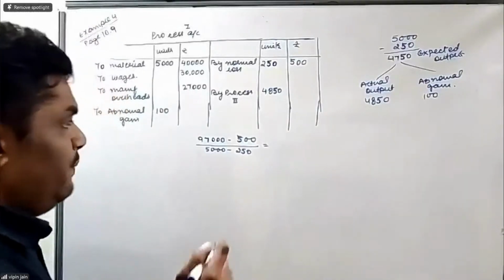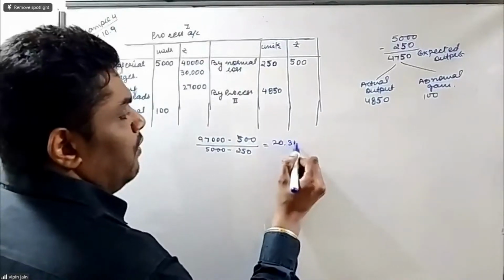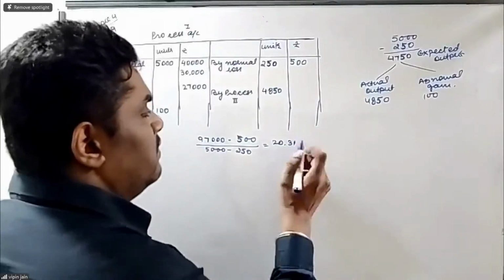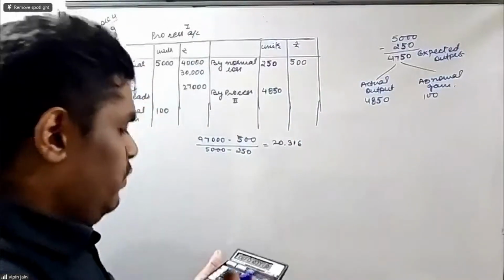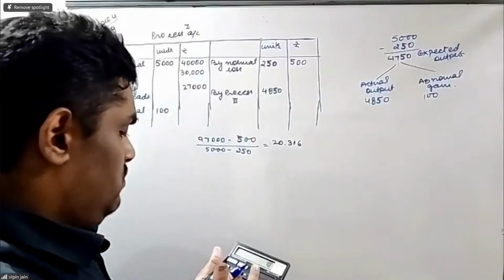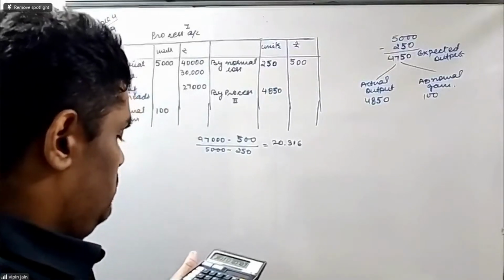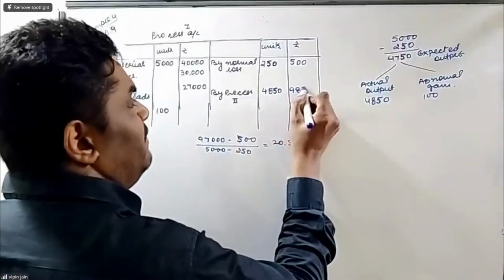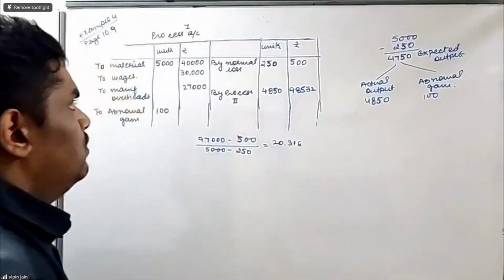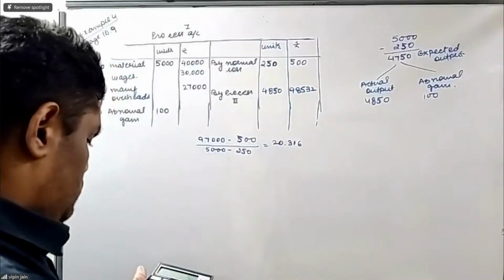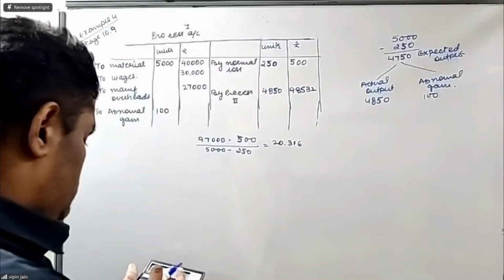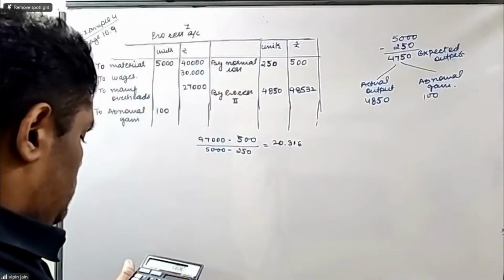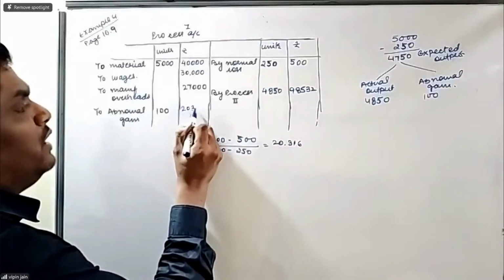So this will be 20.315. The cost per unit will remain unchanged, 316. Now we multiply it by 4850. So this will be 98,532. This will be 2032.